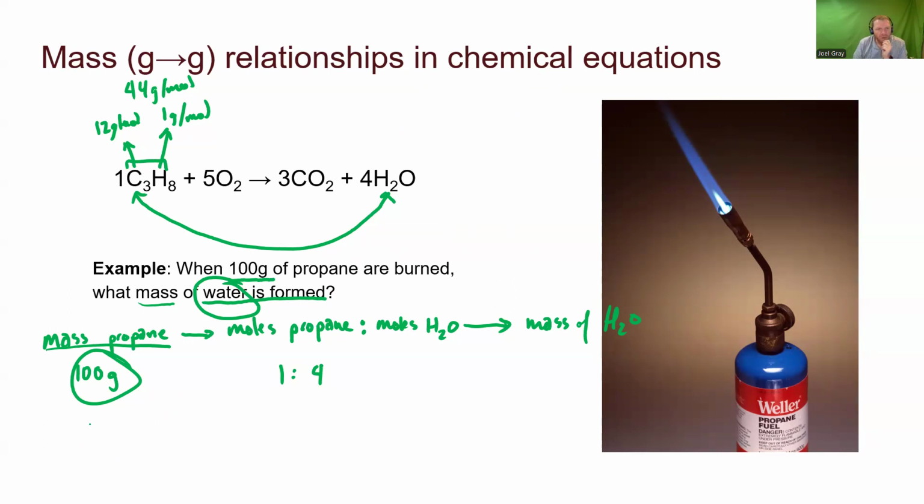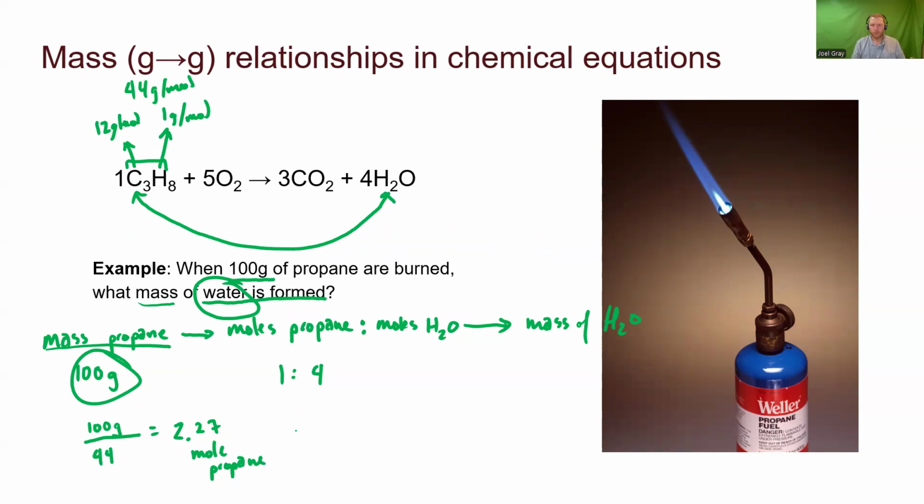Okay. We've got 100 grams. What we're going to do is divide that by 44. That's going to tell us that we have 100 divided by 44, we've got 2.27 moles of propane. Does everyone agree with that?